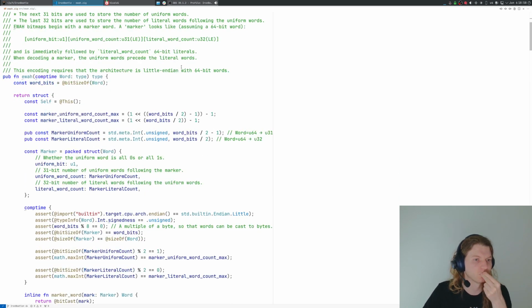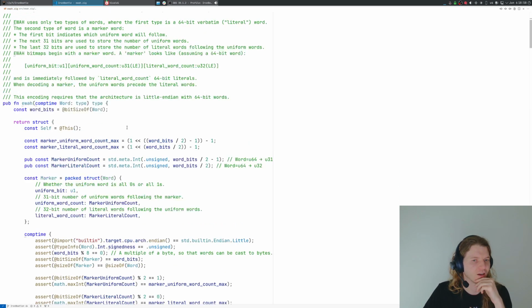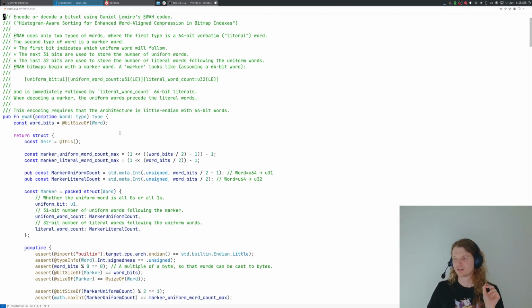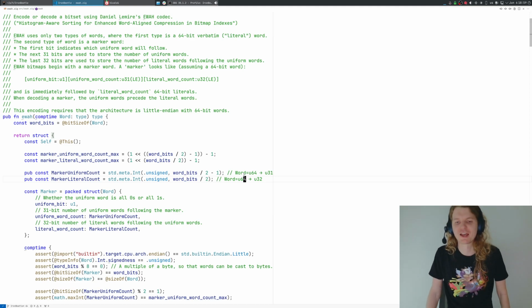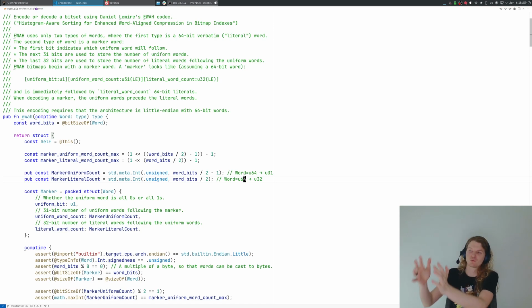So there are just two kinds of words. Before we encode the bit set, we split it into 64-bit words: we look at our bit set as 64 bits, and then 64 bits, and then 64 bits, etc. Now we classify these chunks of 64 bits in two ways.